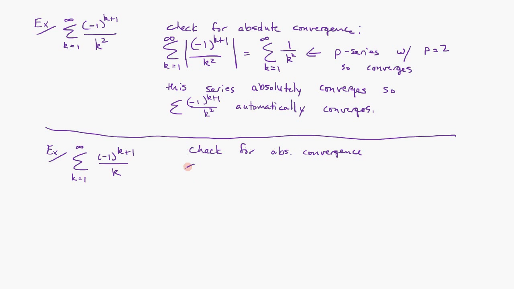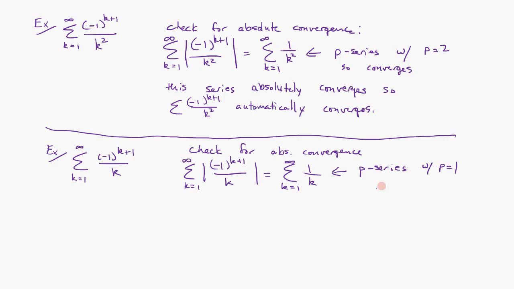So the sum k equals 1 to infinity of the absolute value of (-1)^(k+1) over k. Again, the alternating part becomes positive. So sum k goes 1 to infinity of 1 over k. But this is the harmonic series, or a p series with p equals 1, which diverges. So this series is not absolutely convergent.